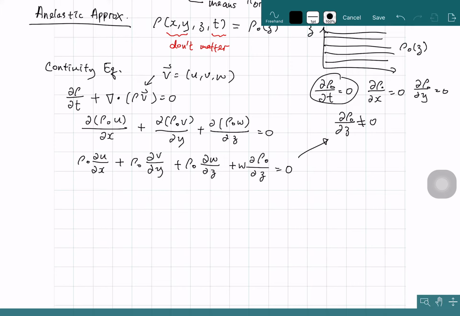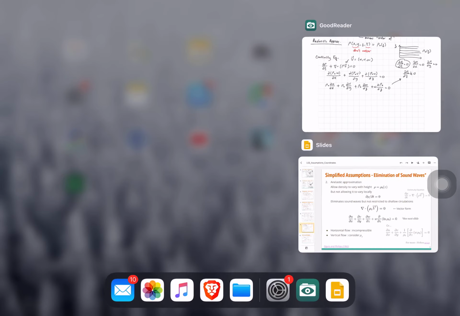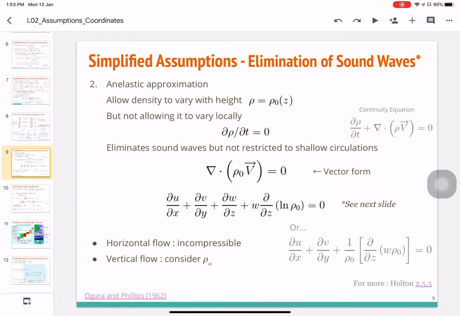We have crossed out some terms. That's how we arrive at this equation.